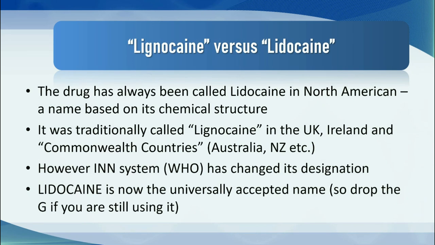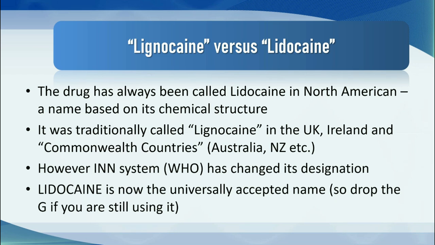The other major local anesthetic that we use is known by 2 different names. It's always been known as lidocaine in North America, a name based on its chemical structure. However, in the UK and Ireland and so-called Commonwealth countries, it was known as lignocaine. The decision to rename lignocaine to lidocaine was driven by the adoption of the International Non-Proprietary Names Organization.